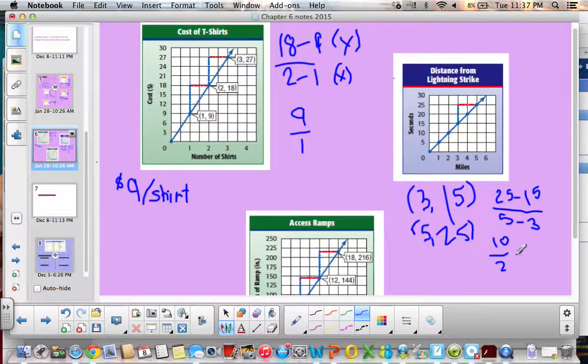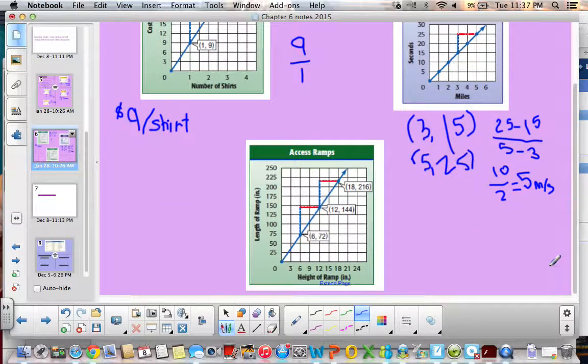So 10 divided by 2 equals 5. And then I'm going to label it miles per second. Okay, I want you to pause me and figure out the rate of change for this last graph that we have.